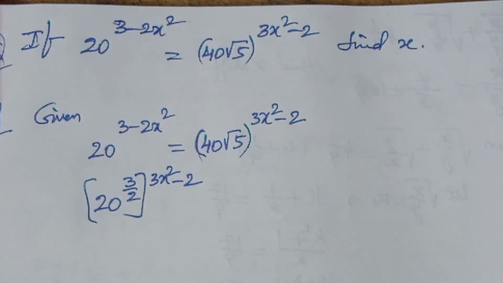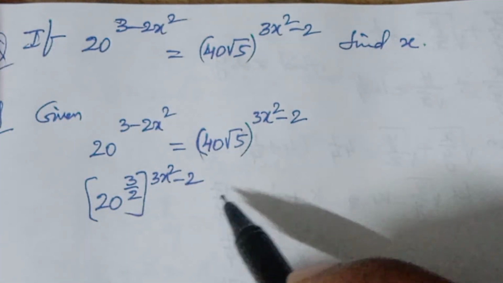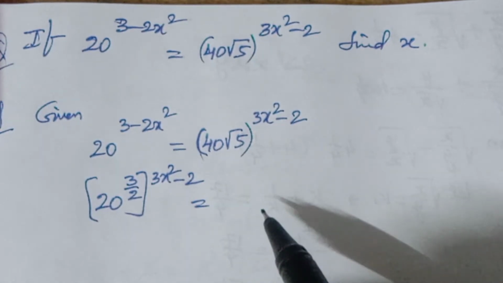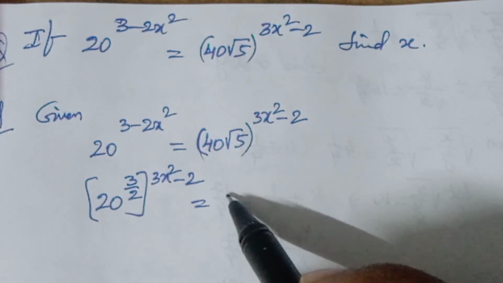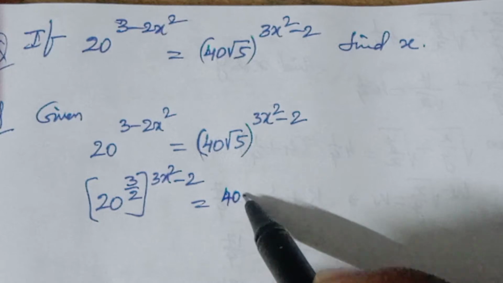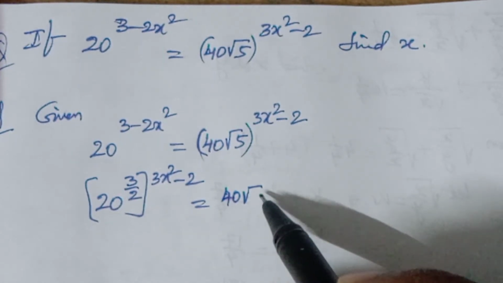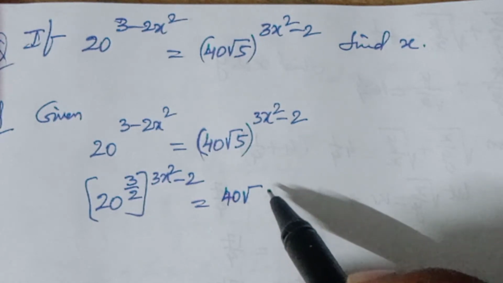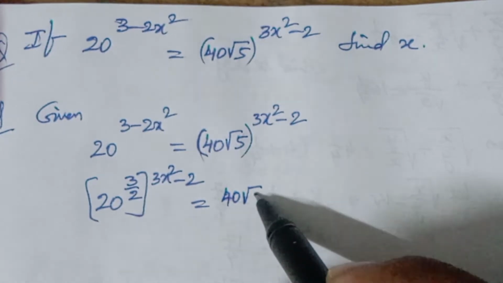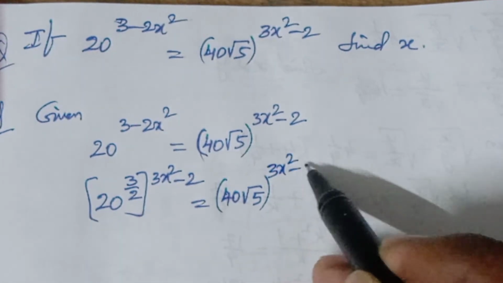So this value will be equal to the given value, that is, 40 root 5 to the power of (3x square minus 2).